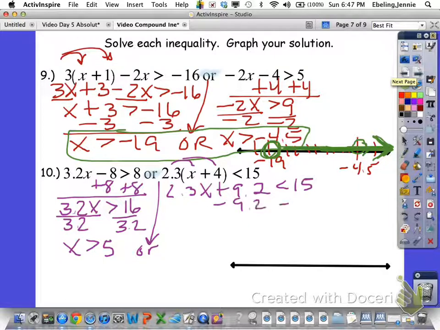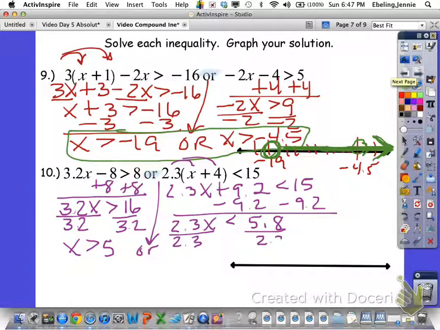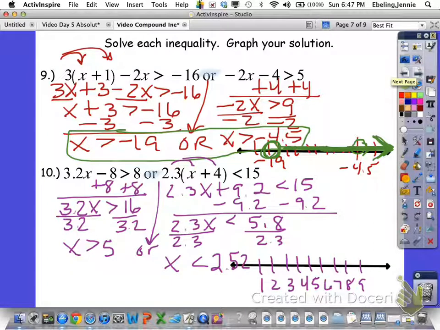Subtract my 9.2, and I have 2.3x is less than, and 15 minus 9.2, I got 5.8, so divide both sides by my 2.3, and I have x is less than, so I divide 5.8 by 2.3, and I get approximately 2.52.